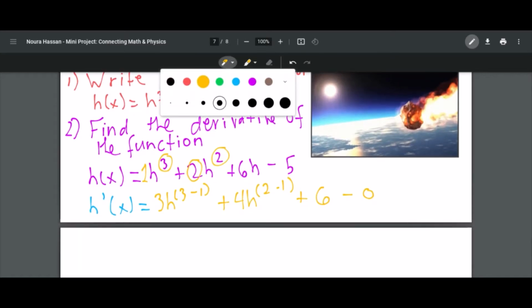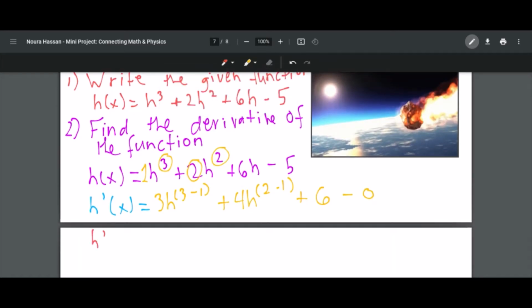We see what we have now is h prime of x, and that will equal 3h squared plus 4h plus 6.